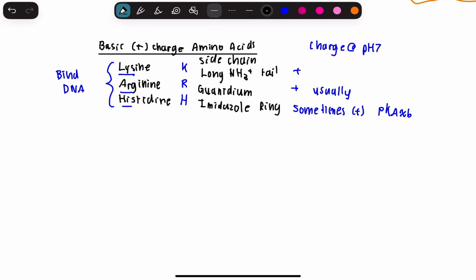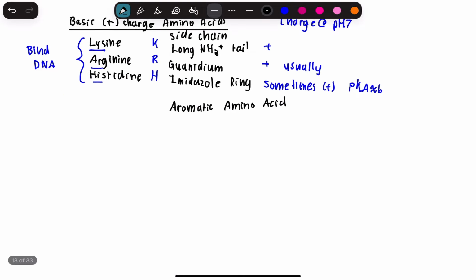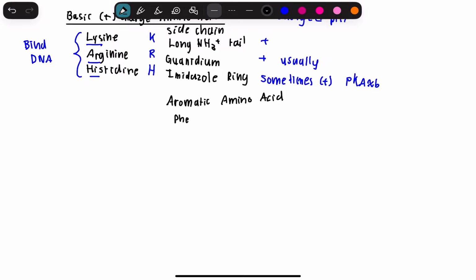Now let's move on to the aromatic amino acids. Now we have phenylalanine.